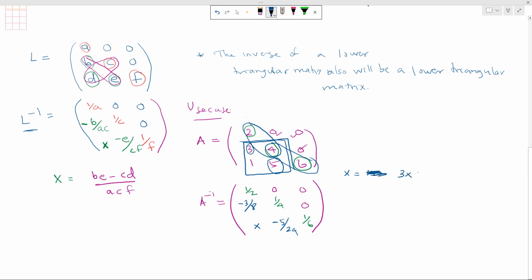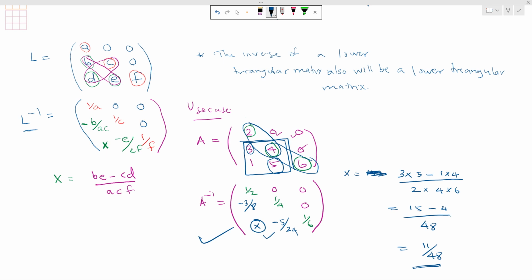So 3 times 5 minus 1 times 4 divided by 2 times 4 times 6. So the answer will be 15 minus 4 divided by 48. Then this will be 11 divided by 48, right? So we have just found the inverse. Okay, so this x I can just substitute here.